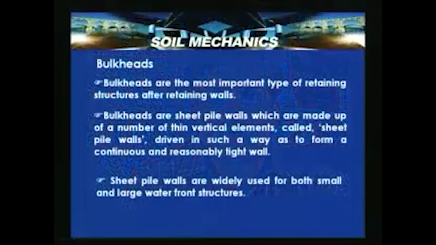But let us look into what these bulkheads are, how they can be analyzed for arriving at their design, whether they are stable or not, and how they will deflect if they are anchored or without anchor.